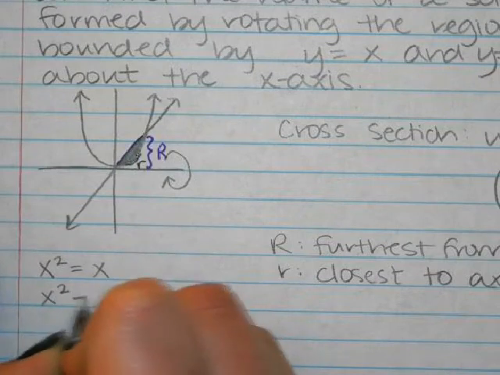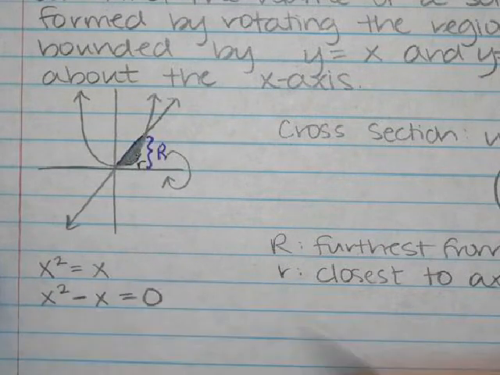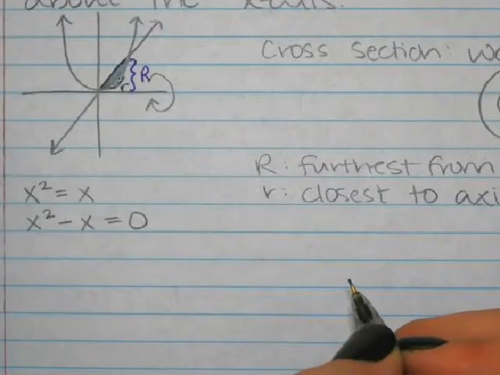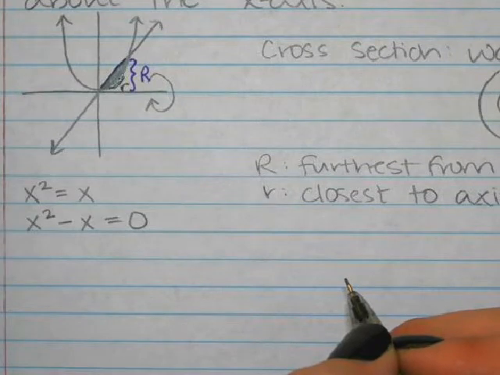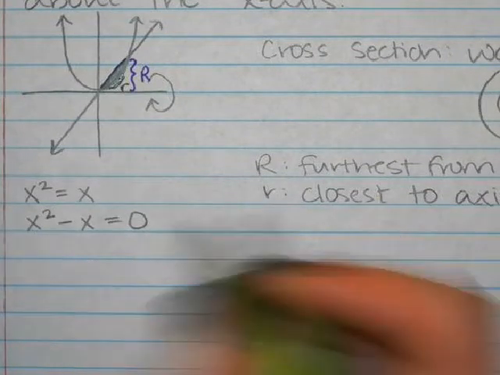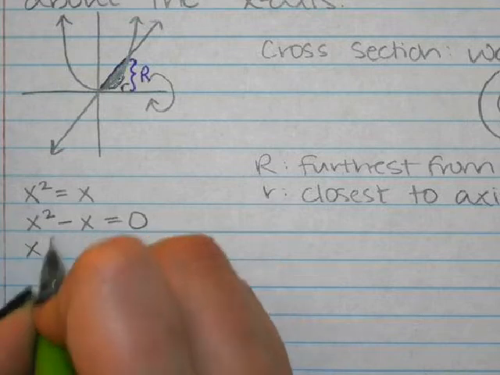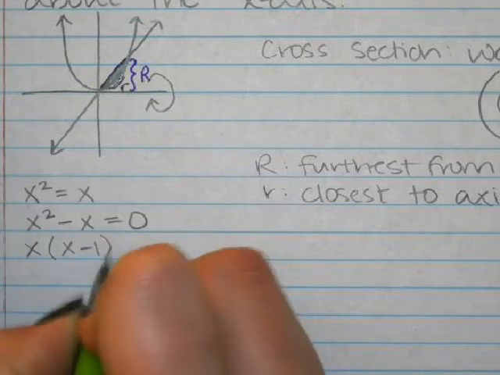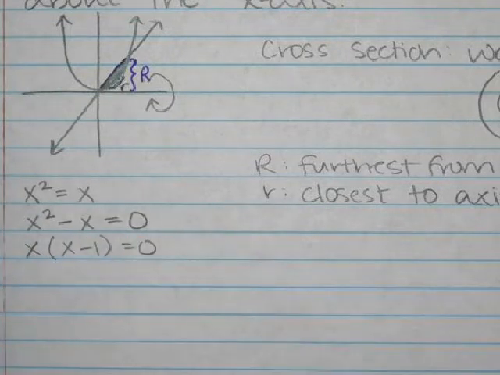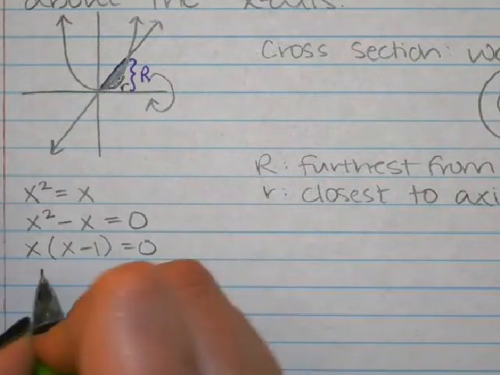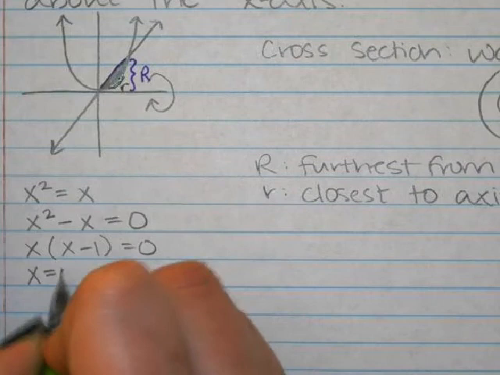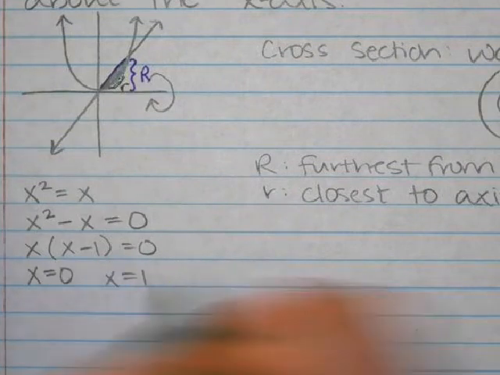So x squared minus x equals 0. And if I factor that to solve it, that gives me x times x minus 1. And so that means my interval is 0 to 1.